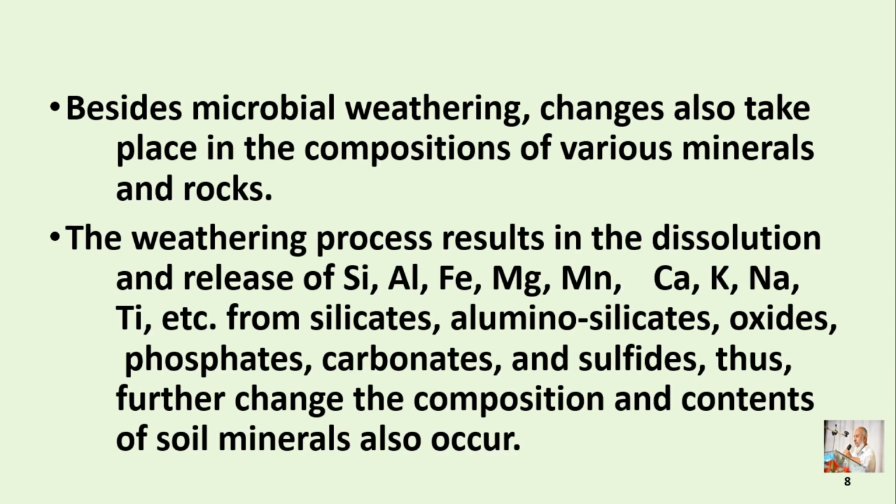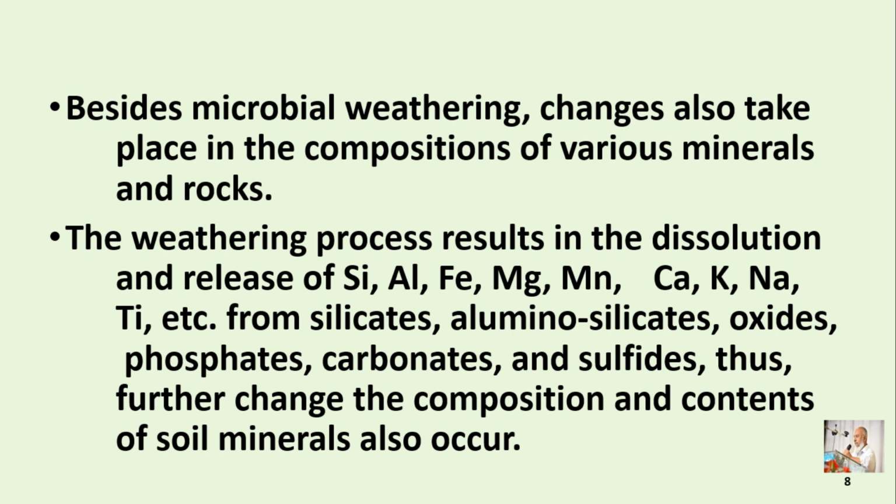Besides microbial weathering, changes also take place in the composition of various minerals and rocks. When microbial weathering occurs, definitely this is a chemical change. So this chemical change causes the product received after weathering to contain various minerals, and a change occurs from the original to the product.